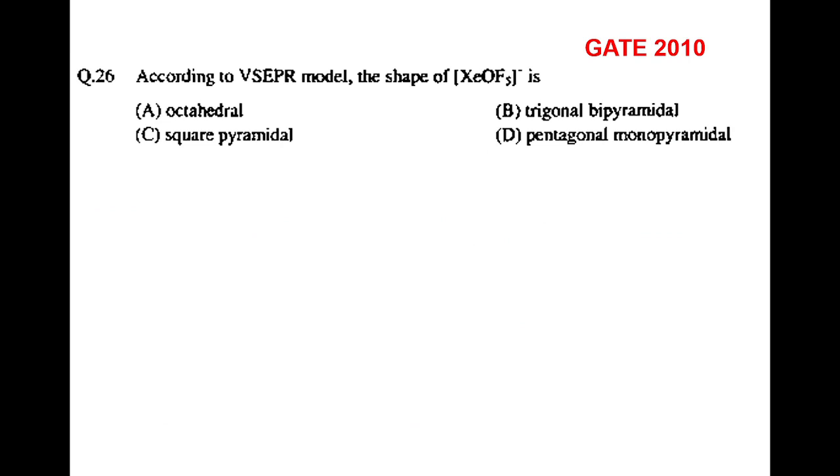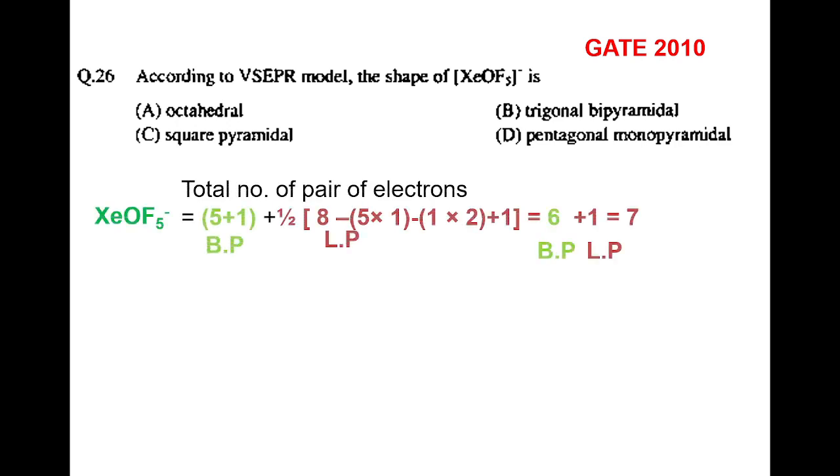According to the VSEPR model, the shape of XeOF5 minus is very simple. You calculate the shape of XeOF5 minus. 1 oxygen, 5 fluorine atoms are the surrounding atoms, minus is the charge. So total bond pair of electrons 6: 8 minus 5 into 1, 1 into 2, plus 1 for minus charge.